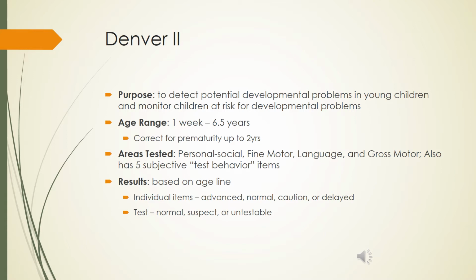If they cannot do things to the left side, things that you would expect a younger child to be able to do, that's caution or delayed. And then the test with all of those areas added up together can be normal, suspect, or untestable.